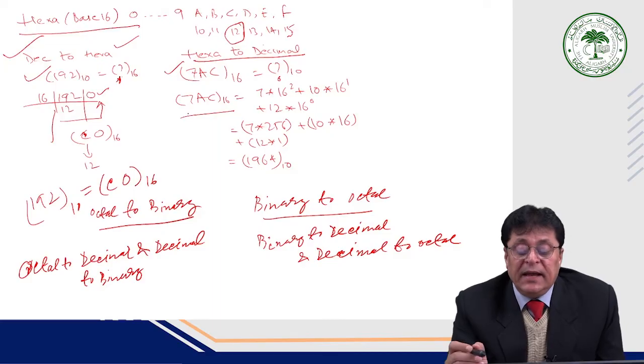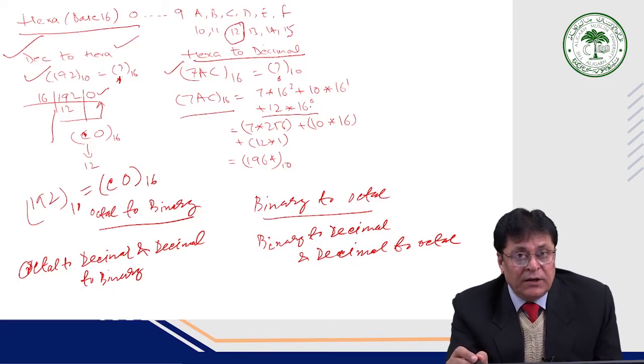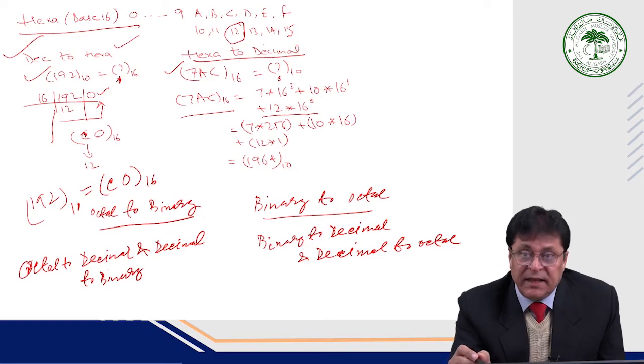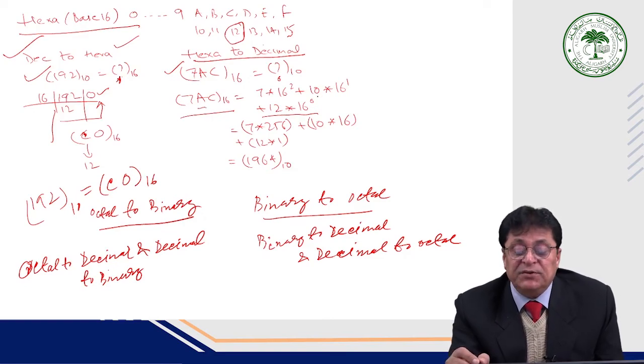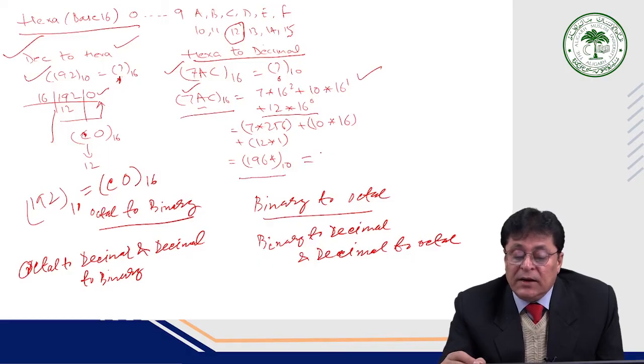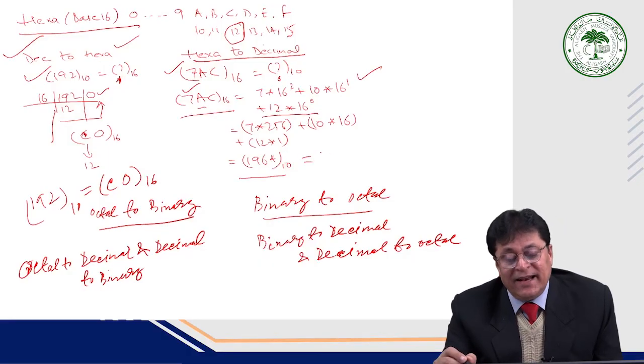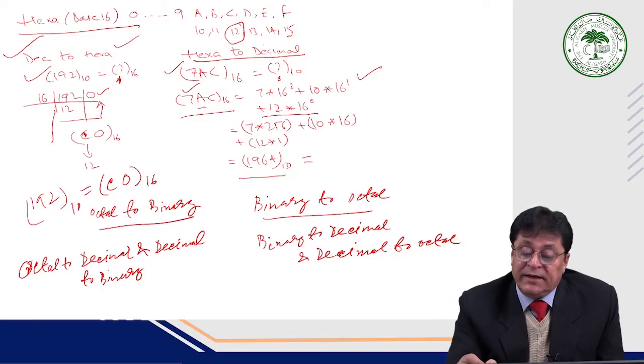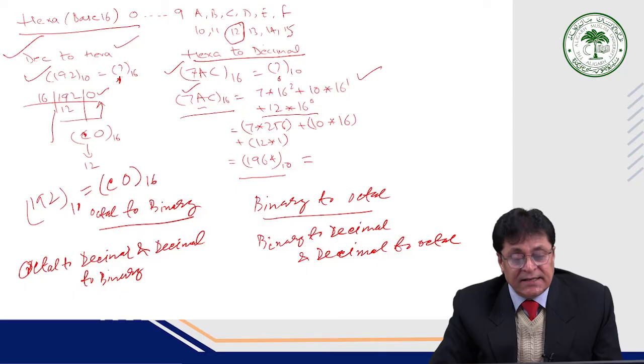Then we have 7, and we'll multiply each of these digits with powers of 16: 12 into 16 to the power 0, plus the next digit A, which is equivalent to 10, into 16 to the power 1, plus the next digit 7 multiplied by 16 to the power 2. We will solve it, and ultimately we'll get the result as 1964 base 10, which is the equivalent decimal number for 7AC base 16, the given hexadecimal number.